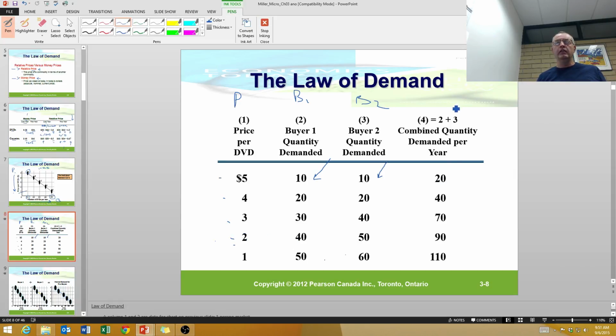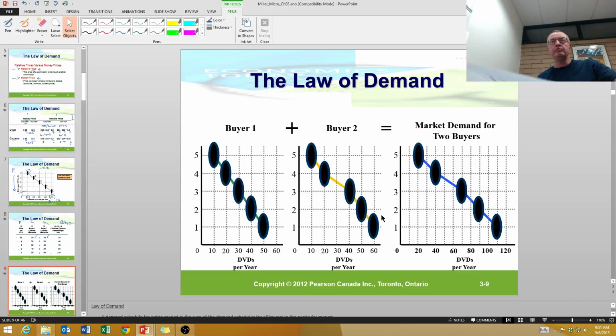And the quantity demanded for the market is simply the sum of the demands by the different buyers at the different price levels. And then we just plot them. So here we see that the demand curve for the market is simply the sum of the demand curves of all the buyers, with price on the y-axis and quantity demanded on the x-axis.